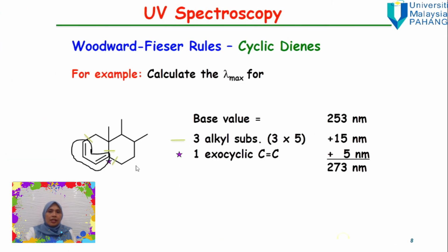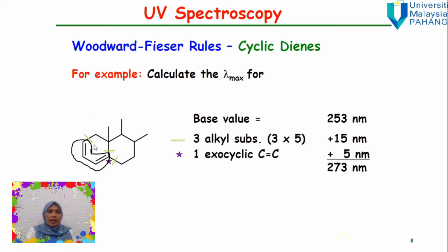Next example is for the base of this structure. You see this structure, this is the homoannular base. Find the base first, and then see, when you make it like this shape, where the cross sections are on the other ring. This one is a cross section, this one is a cross section, and this one. So that means 3 alkyl groups here, 3 times 5, 15, and the base is 253 for homoannular.